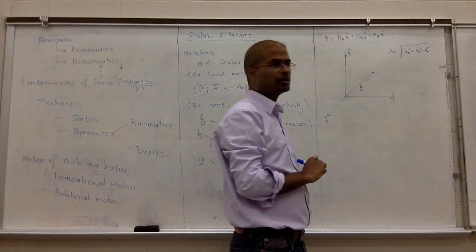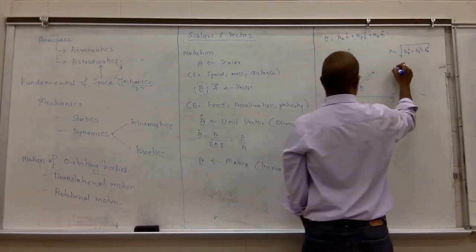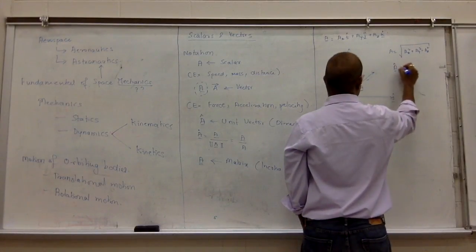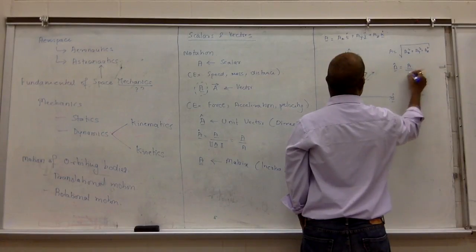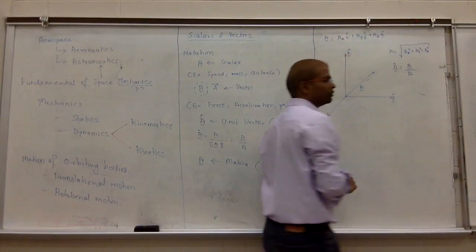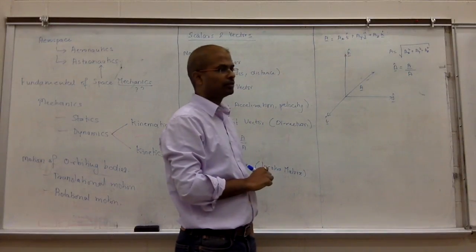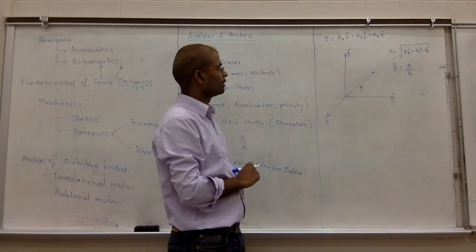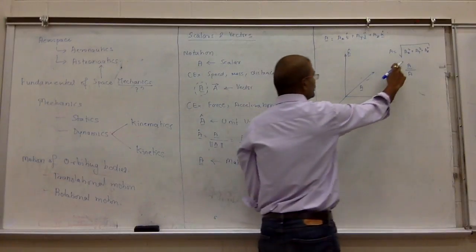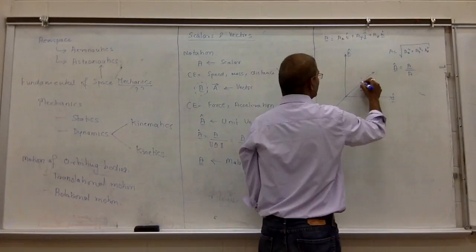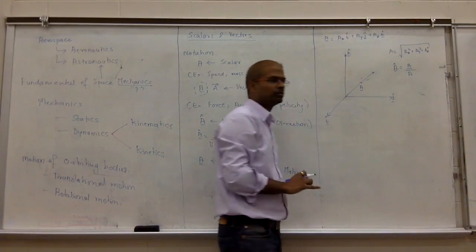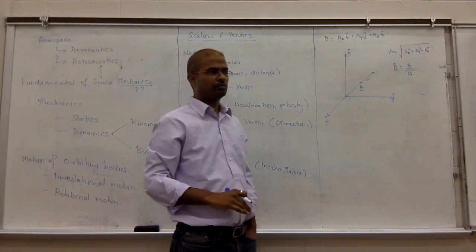Got it? And this unit vector A would be vector A divided by this scalar A, of length 1 in that same direction.